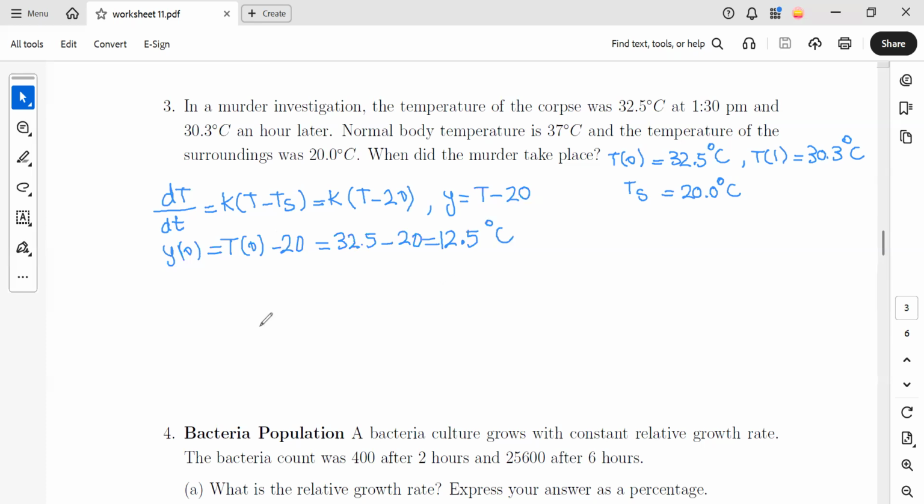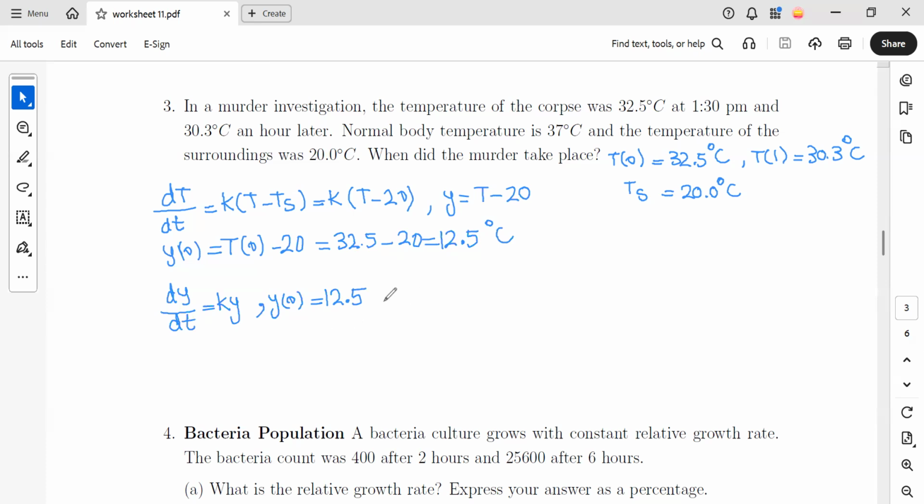And also, we know that y is the solution of the initial value problem. We know that dT is proportional to the y formula here. And based on the question, y of 0 is 12.5.